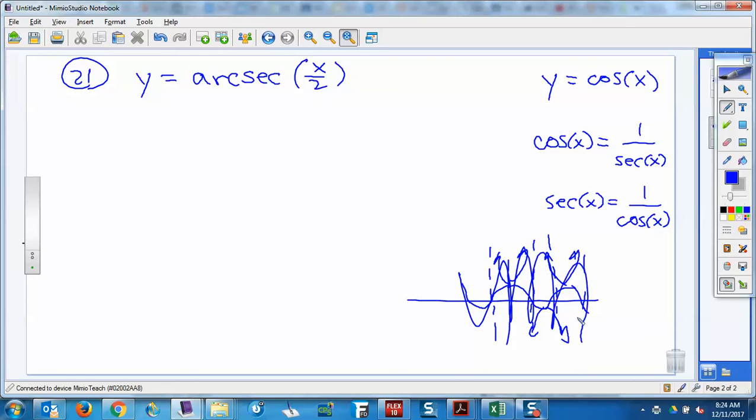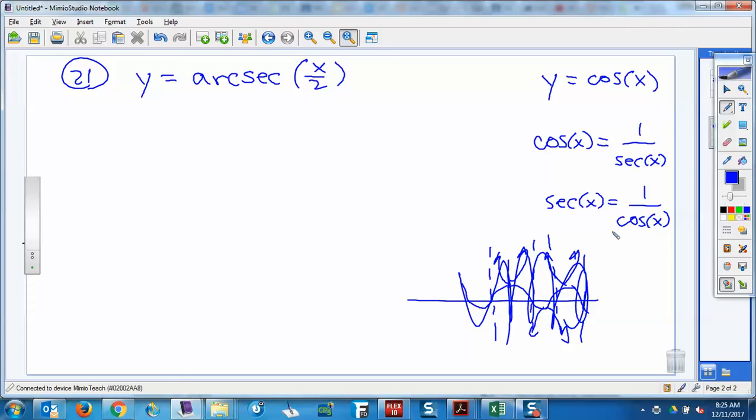Okay? Now, their outputs are reciprocals. So when we say cosine and secant are reciprocals, their outputs are reciprocals. So what's the relationship with arc cosine and arc secant? What are reciprocals? Their inputs are reciprocals, right?